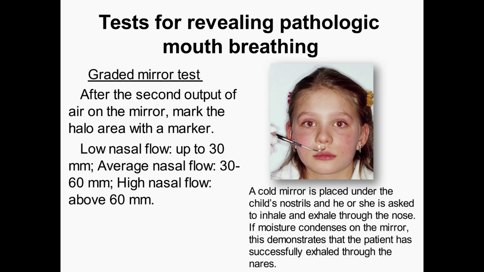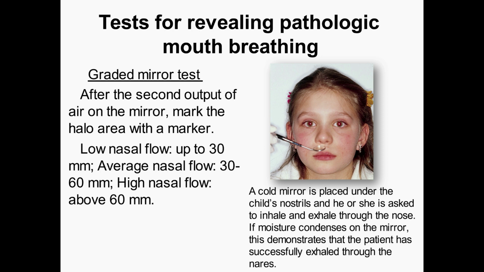Children who are normal nasal breathers have no difficulty in complying and show no rise in pulse rate. Gradient mirror test. A cold mirror is placed under the child's nostrils, and he or she is asked to inhale and exhale through the nose. If moisture condenses on the mirror, this demonstrates that the patient has successfully exhaled through the nares.